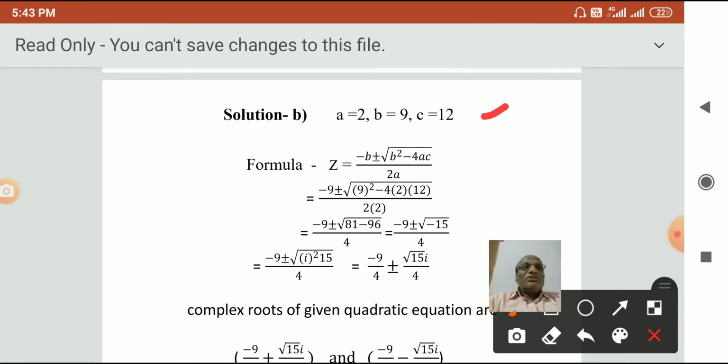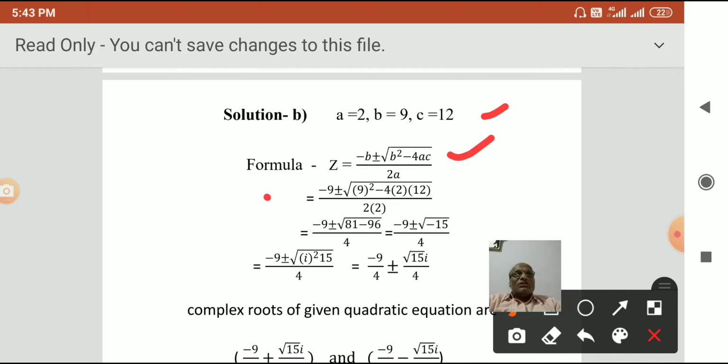So again we use the same formula, that is z equal to minus b plus or minus square root of b square minus 4ac, divided by twice a. So this is our formula. Substitute the values of b, a, and c. The value of b is 9, the value of a is 2, and the value of c is 12.